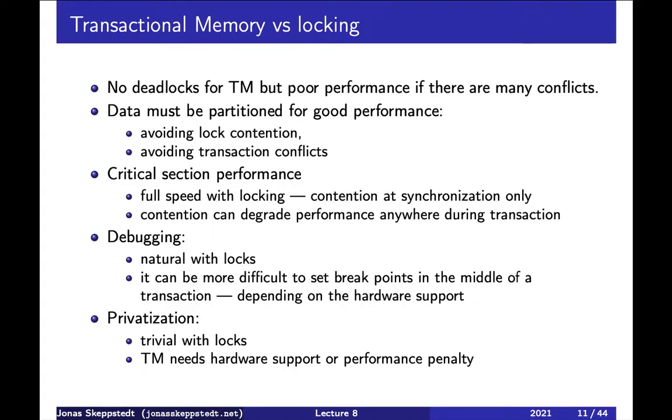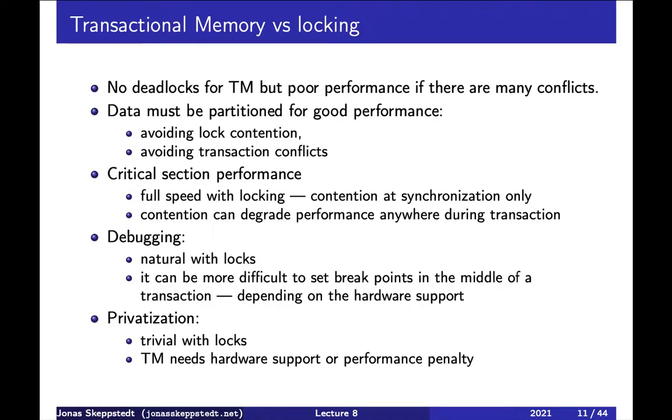So if we compare transactional memory and locking, what's the main difference when we use them for performance programming? Okay, there can be no deadlocks in transactional memory, but there can be poor performance if there are many conflicts.